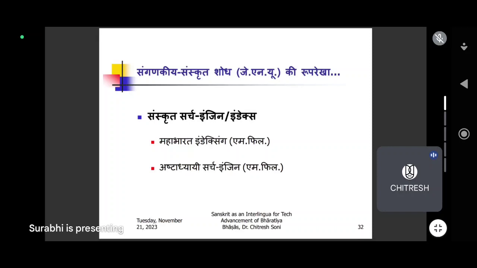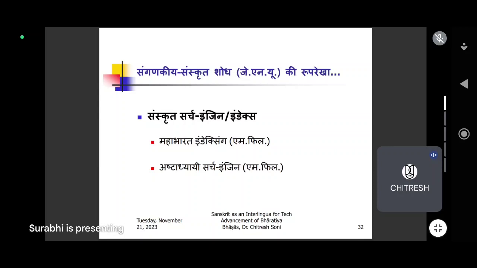Then Sanskrit search engine, Mahabharata indexing was done in MPhil, and Ashtadhyayi search engine was also done. This Nirukta indexing was done by me, and Mahabharata indexing was done by Dr. Divakar Mani. Let us take an example of Nirukta to see how important indexing is.